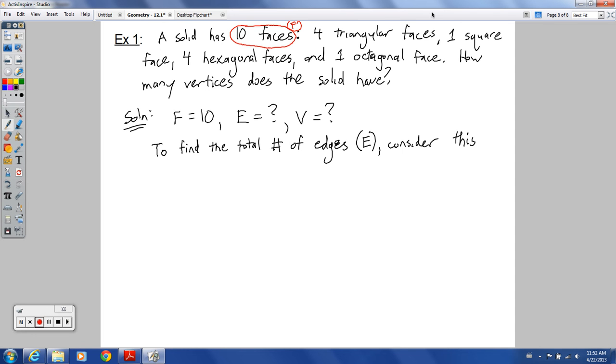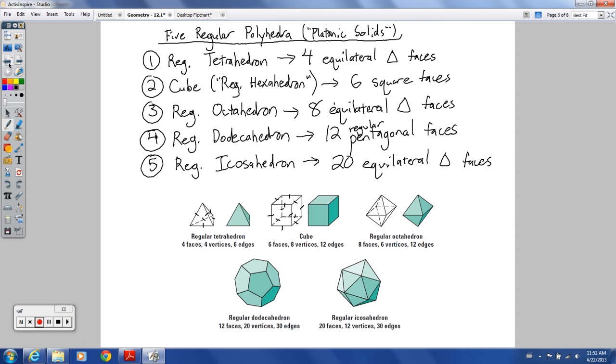So if we think back to this, notice this square comes together with this square and it forms one edge together right there. So if you've got 4 edges to a square, but each one of those edges is going to join another edge, we're basically going to be taking the total number of edges for each of the shapes all added together and then dividing that by 2, because each edge will be shared with another polygon.